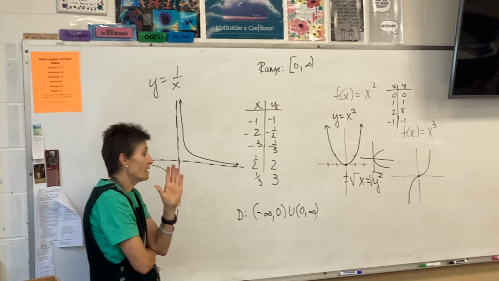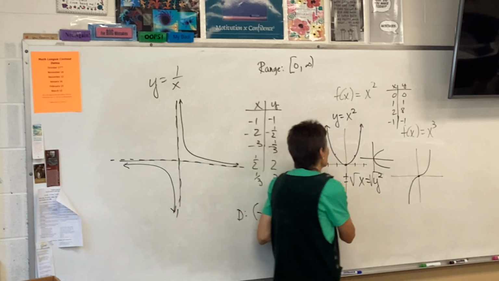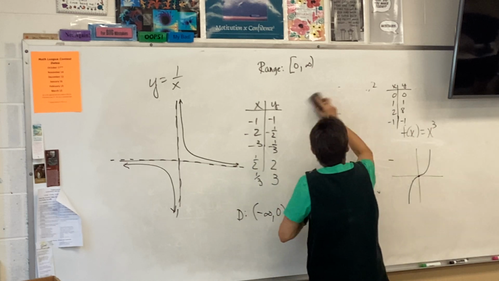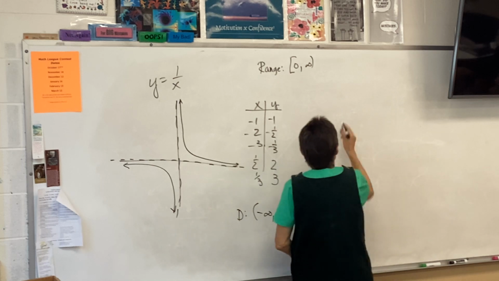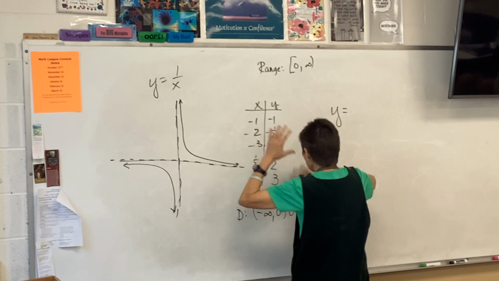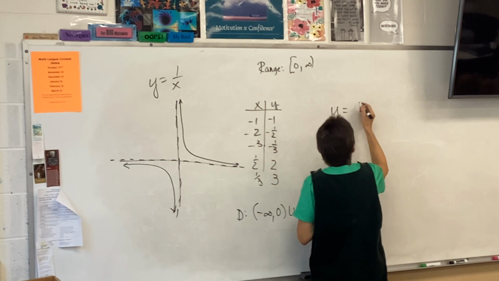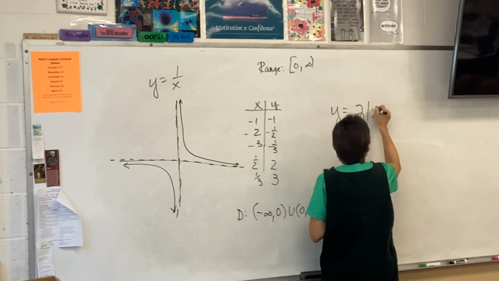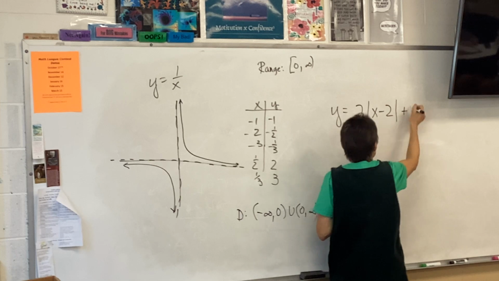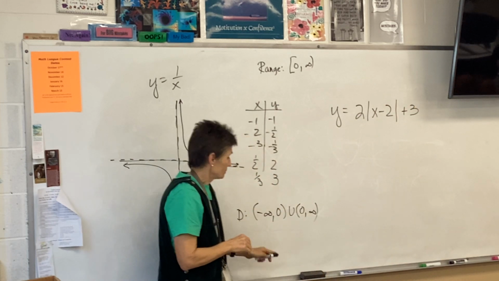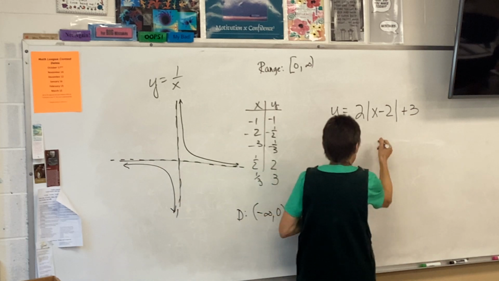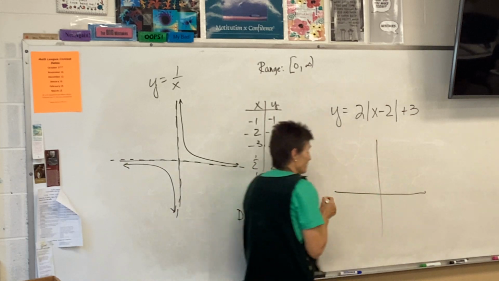Okay, now quickly, I'm going to throw one more problem at you. This will be it. Using some of the ideas we just talked about, I want you to sketch this on a coordinate plane.